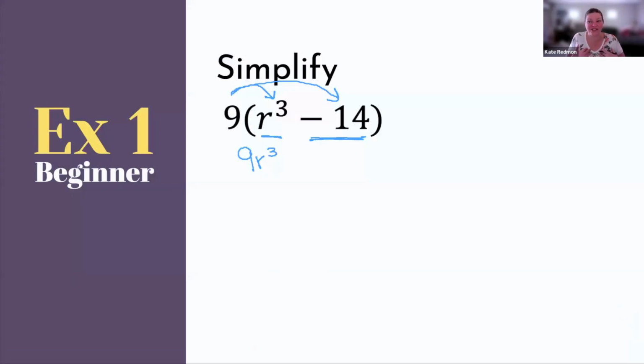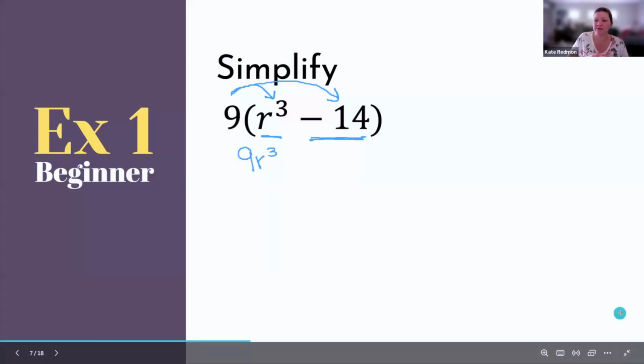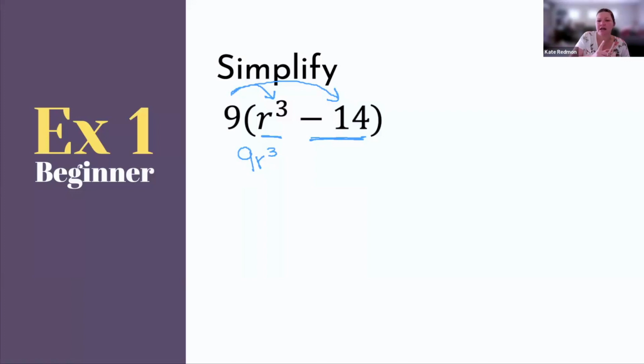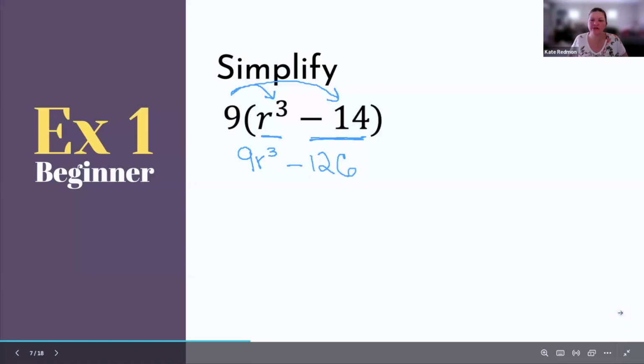Like, I owe you $14. We're going to take $14 out of my money. But we need to be able to type this into our calculator. We can't type 9 times minus 14, it'll give us an error. But we can type 9 times negative 14. Negative 126. Beautiful.